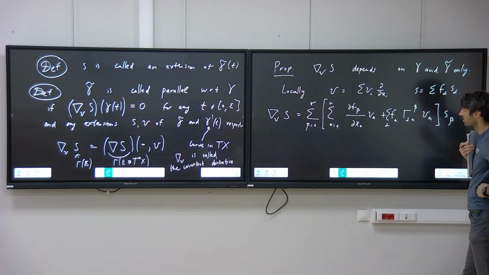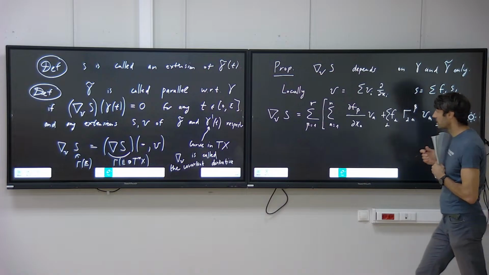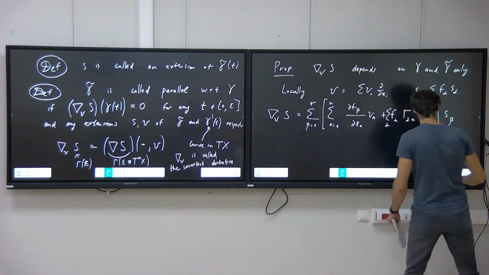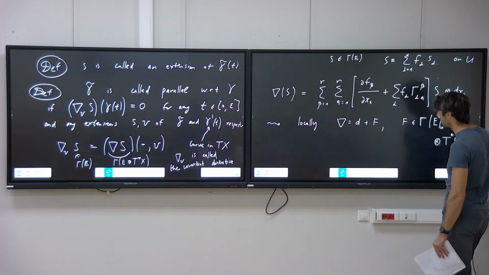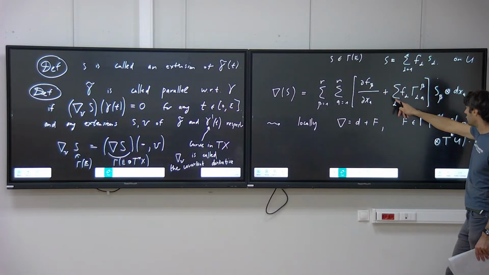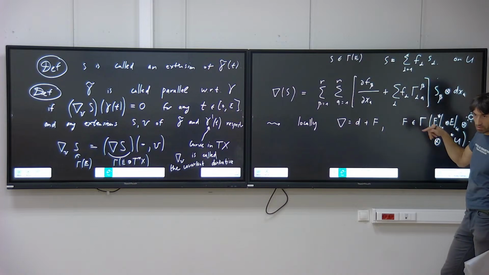So I claim this. I just need to go back, I don't know where it was, maybe here. I need to go back all the way to here and evaluate this at the vector field sum V^i d/dx^i.